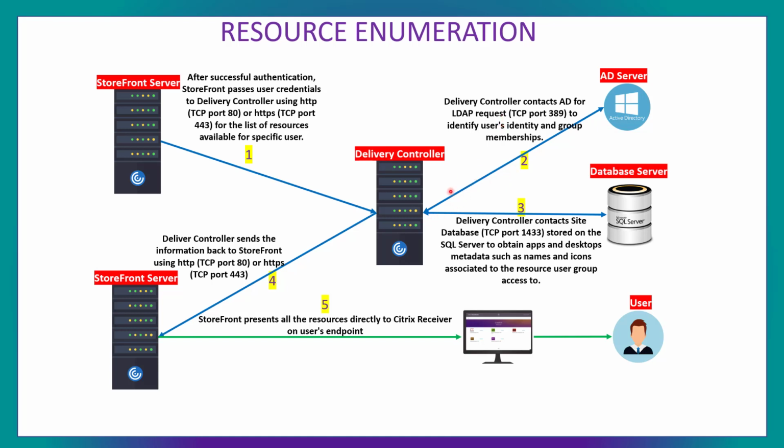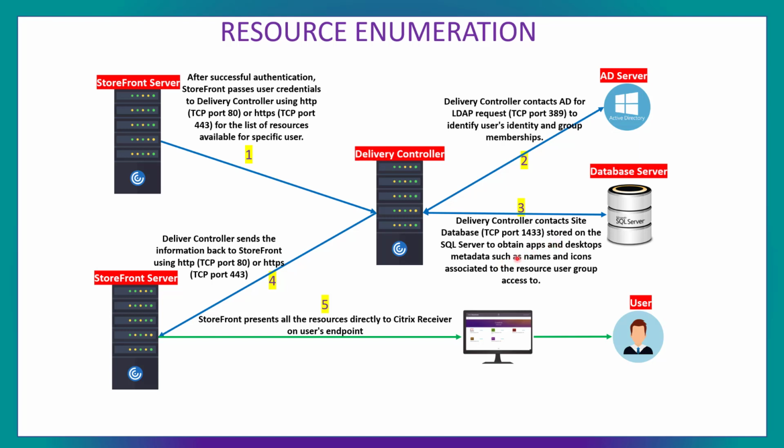When that information is collected, the delivery controller will use it to query the database. This database is the SQL server, and the delivery controller will contact it using port 1433. This is to obtain user, apps, and desktop metadata information.